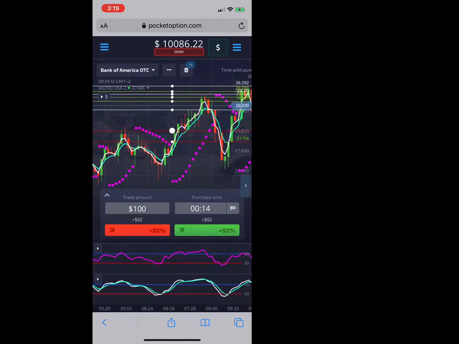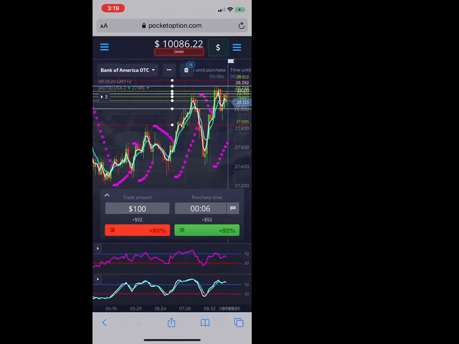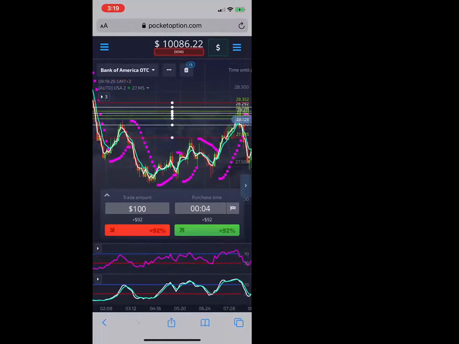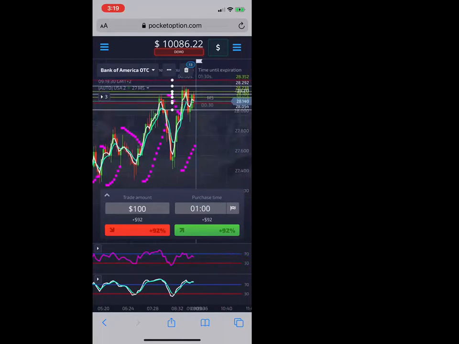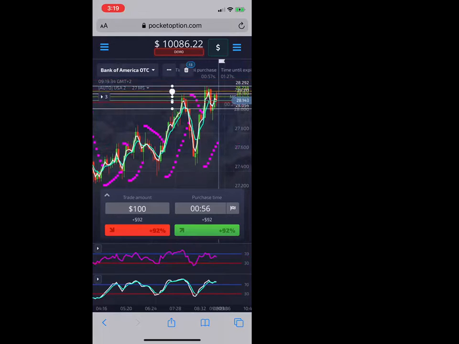This is my closest double parabolic right here. Let's see if I can find one at the top somewhere. We actually got one right here too. We even got a dope parabolic here too, but I'm going to do here.